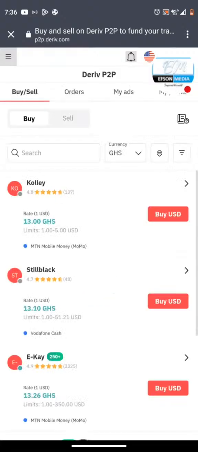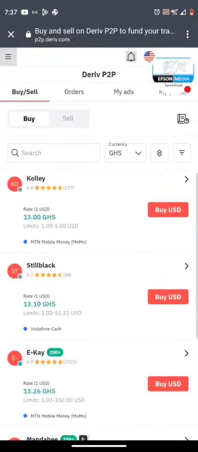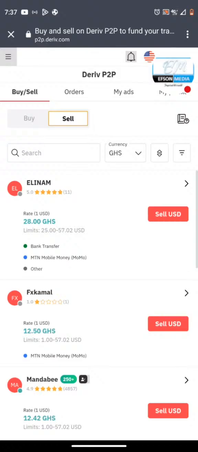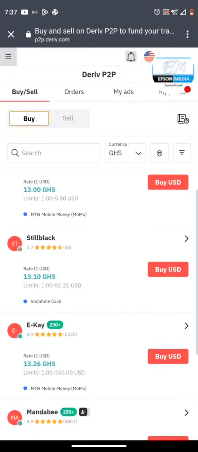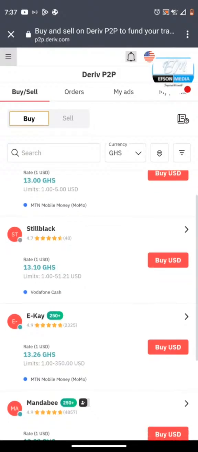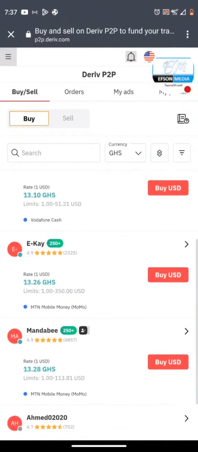So this is the P2P. There are so many sellers and buyers. If you want to deposit into your account, you select the buy option and select the best, those offering the best offer and the one with the highest ratings. Like right now, EK has 2,325 transactions and 4.9 stars, which means the person is trustworthy.